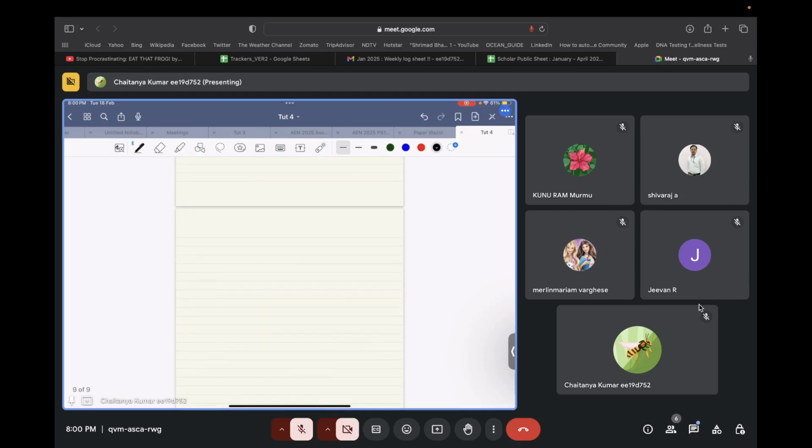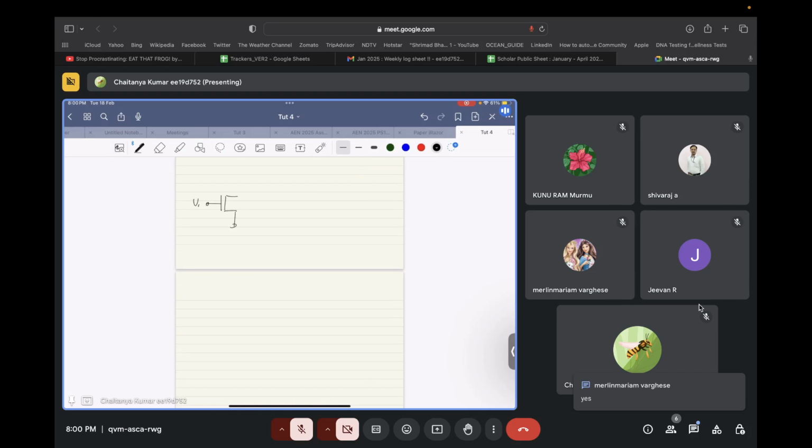You have studied transistors, right? So you know that if you have a transistor, you give some voltage over here, you get some current at the output. Are you familiar with the small signal analysis of transistors?